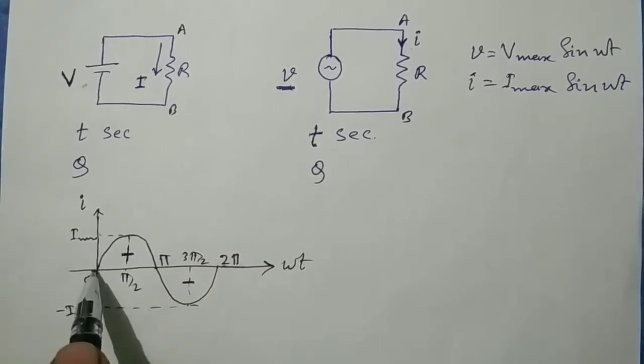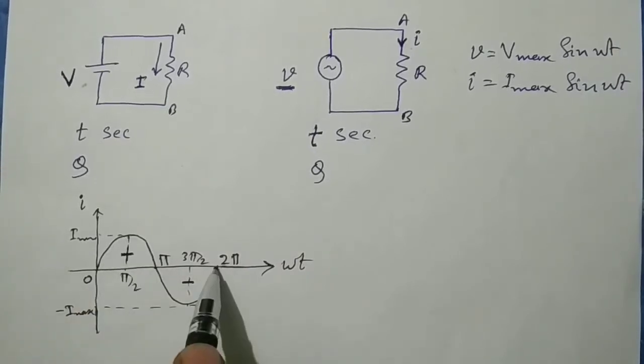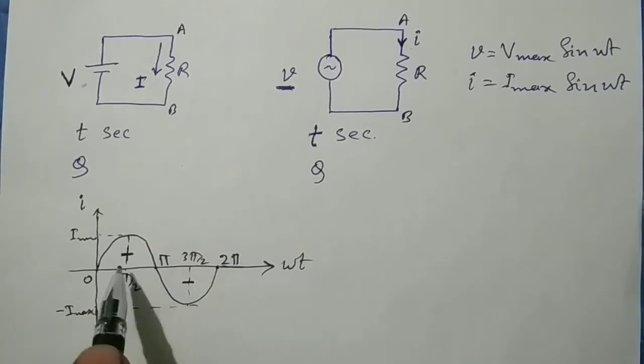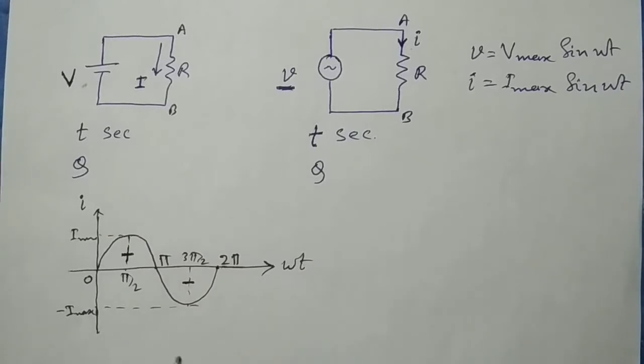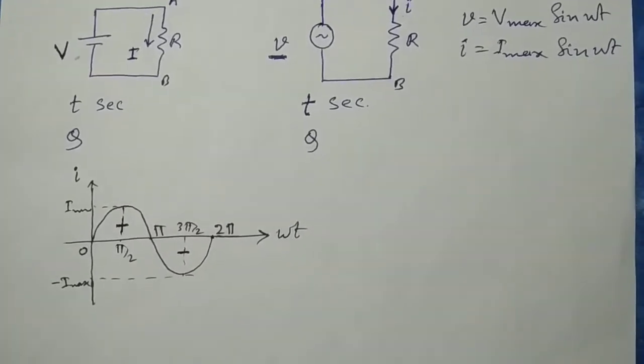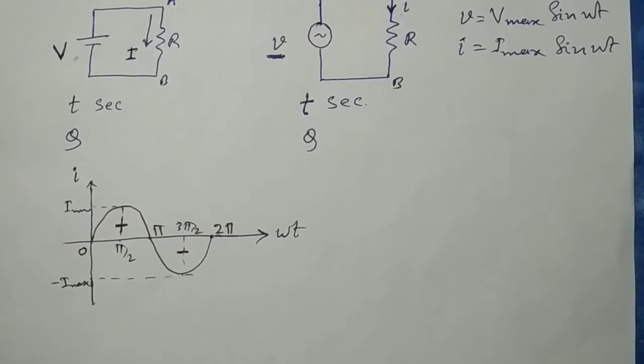Therefore, if we want to calculate the average value for a complete cycle, that means for 2 pi radian angular displacement, the net value will be equal to 0. Because it is a positive value and a negative value, the average will be equal to 0. So how to calculate the average value for a symmetrical waveform?